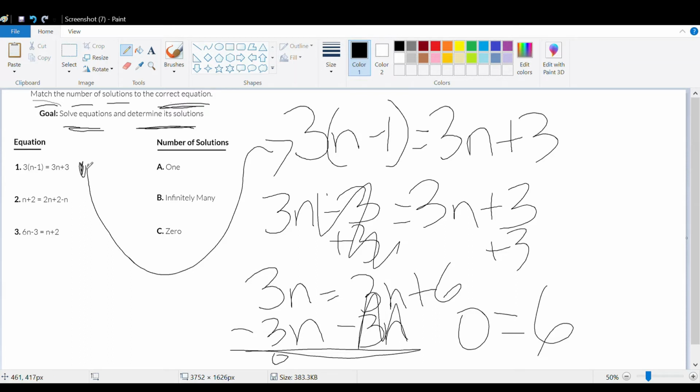The first equation is saying 0 equals 6, and we all know that 0 does not equal 6. Therefore, the first equation has 0 solutions. So that means 1 matches up with C.